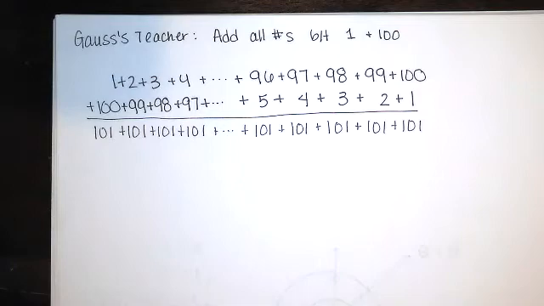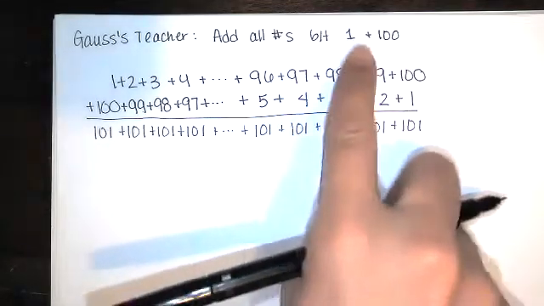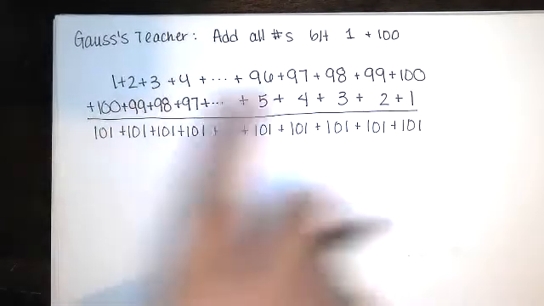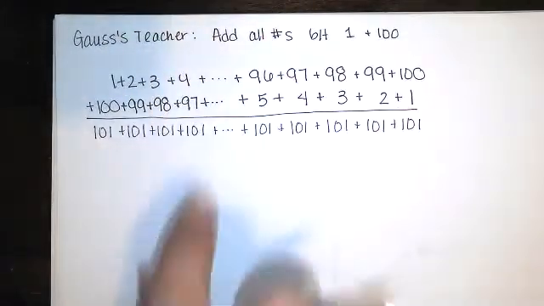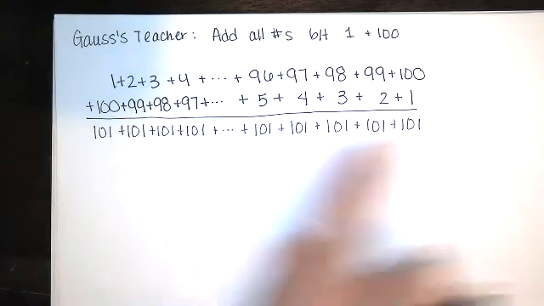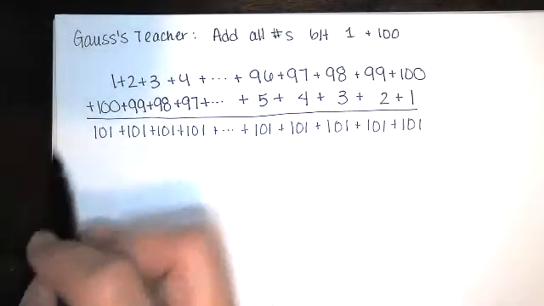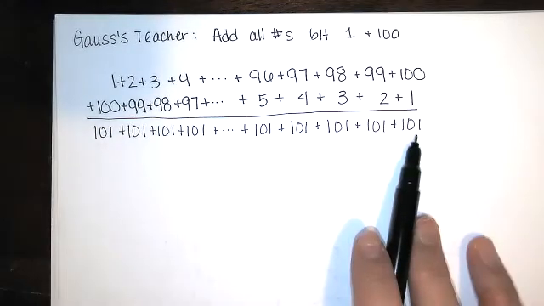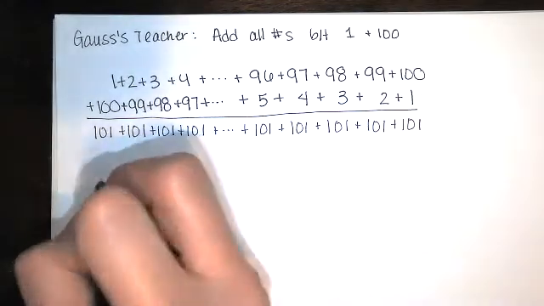So he said, well, what is the sum of all the numbers between 1 and 100? Well, I could write it twice and add them together. I get 101. And say, well, how many times do we have 101 right there? I think we have it 100 times.